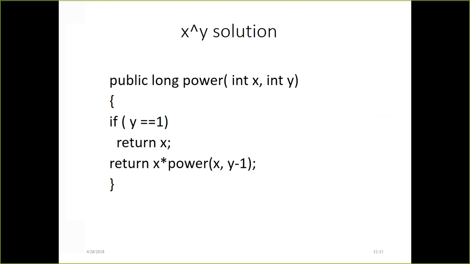Okay, do not look at the slide. Then what will you return? For instance, we have x to the power 5 equal to x times x to the power 4, right?